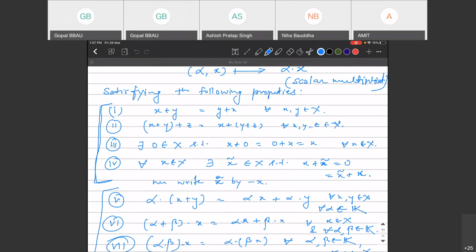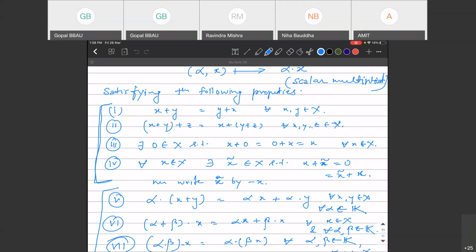Okay, no problem, I have completed it. I was just saying that if you remember a little bit of group theory, you will observe that X forms a commutative group, an abelian group, with respect to addition. Do you see this?